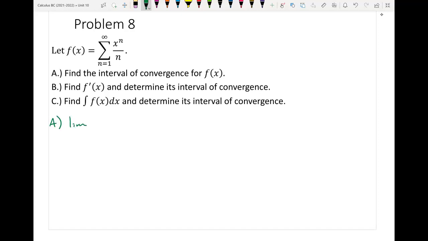Let's go ahead and do that ratio test. Limit as n goes to infinity, and we're going to add 1 to our powers and then multiply by the reciprocal of the original.